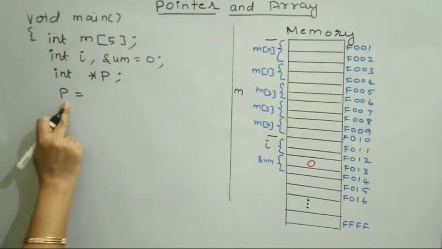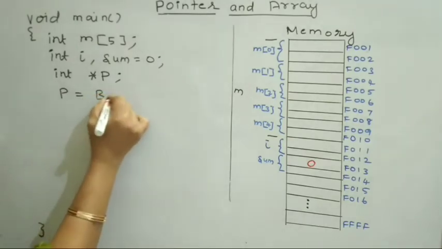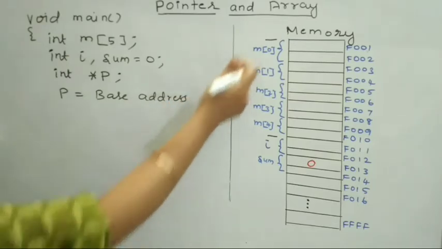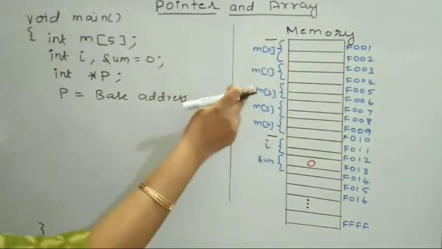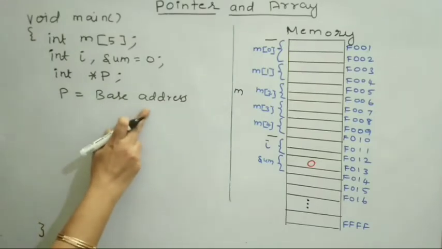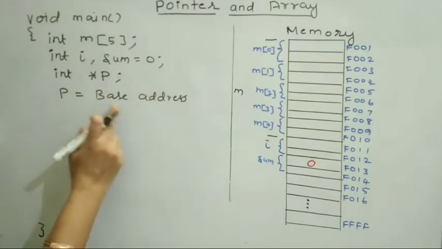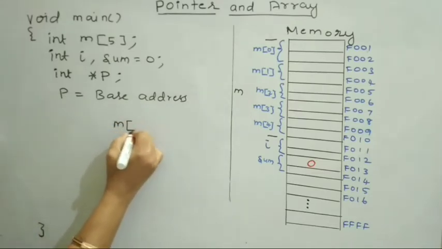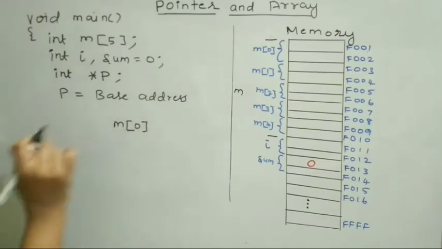Then I need to initialize the value of p. p is initialized with the base address. What is a base address? When we allocate or reserve some amount of memory for this array, the memory address of the first element in the array is my base address. The first element is the element in the 0th index position.